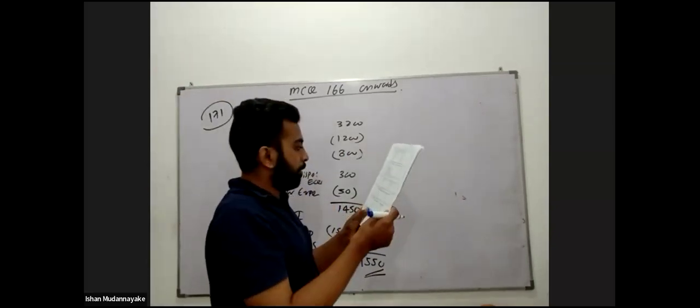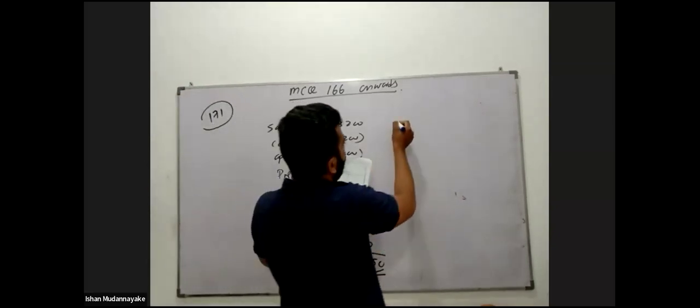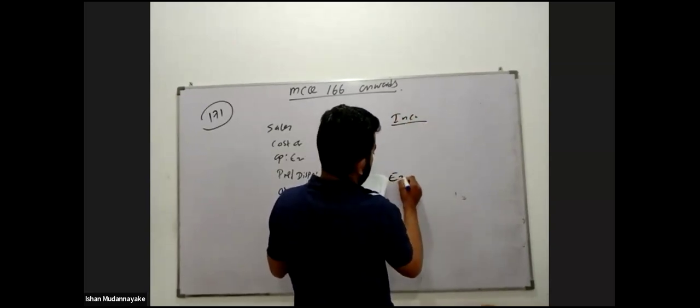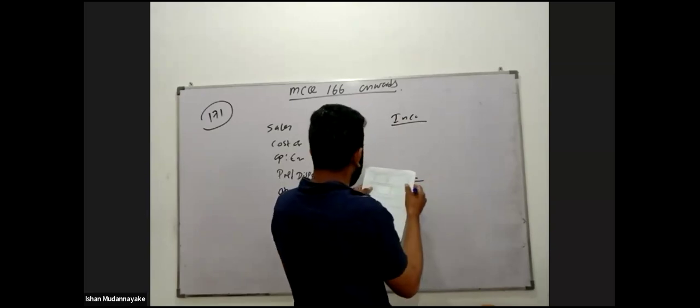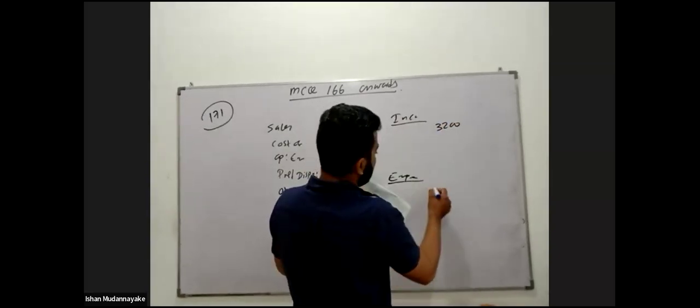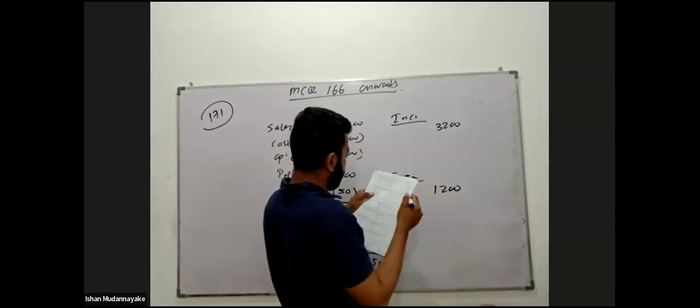How to get the total income and total expenses from this question? Sales 3,200 income. Cost of sales 1,200 expense.